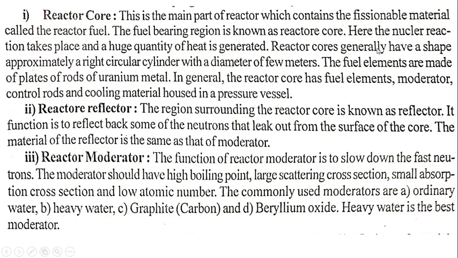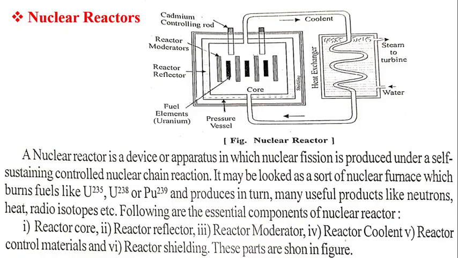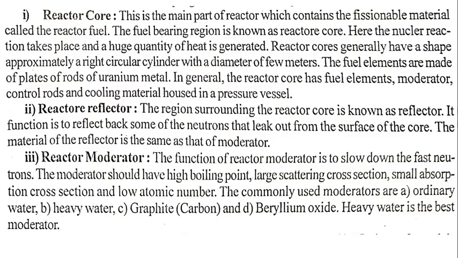The reactor core generally has a shape approximately a right circular cylinder with a diameter of a few meters, as shown in figure C. The fuel elements are made of plates or rods of uranium metal.